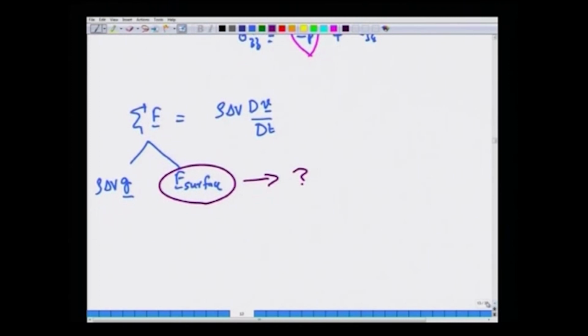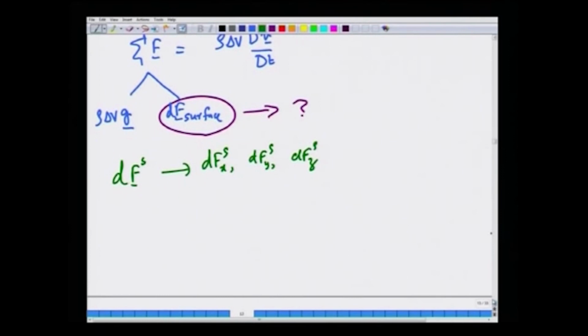So, now we have to write down the net surface force in the x direction, y direction and z direction. So, let us call this, since it is an elemental area, d surface. It is a vector. So, we have to now worry about the surface forces in the various coordinate directions. Okay. dfs is the surface force. So, this has components dfs x, dfs y, dfs z, the three along the 3 coordinate directions.